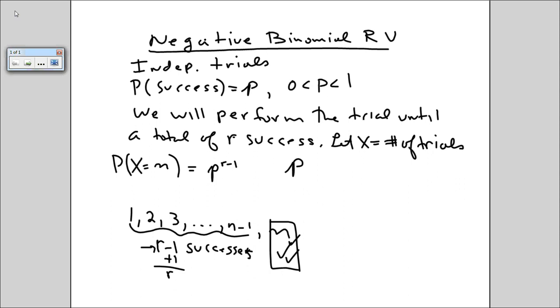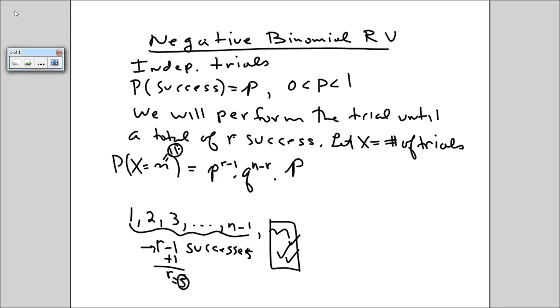Now, if the letters bother you, pick numbers. 11 and 5. It took 11 games to have 5 successes. Well then, how many failures did you have? 11 minus 5. I don't care that it's 6. I care how we get to 6. 11 minus 5, or n minus r. You're going to have failure n minus r times.